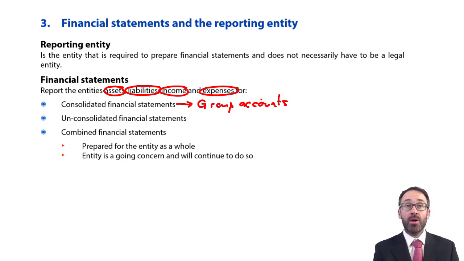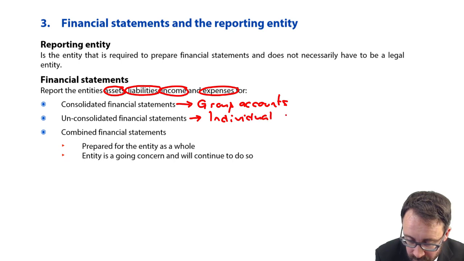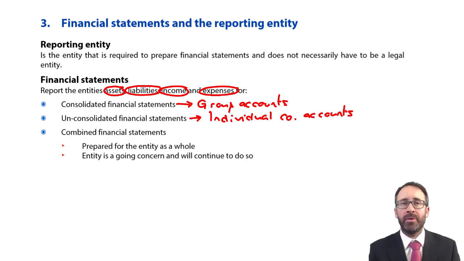Okay. Your unconsolidated financial statements, well, that's looking at what we would refer to as your individual company accounts. So the individual company accounts that have been prepared of the parent and the individual company accounts that have been prepared of the subsidiary.